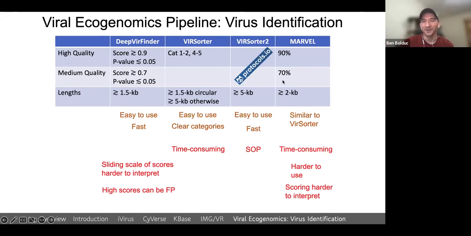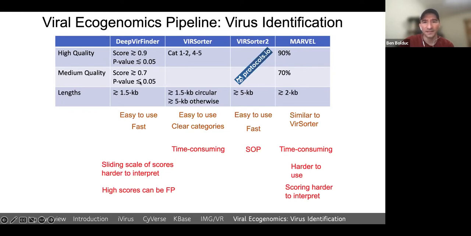So high quality for Marvel might be 90%, and Deep Virofinder might be greater than or around 0.9. And so you're like, oh, okay, maybe they're kind of similar, but then you go to something like VirSorter, which uses categories. And so if you wanted to compare VirSorter 1 and Marvel, then you're going to have to compare these categories on a case-by-case basis.